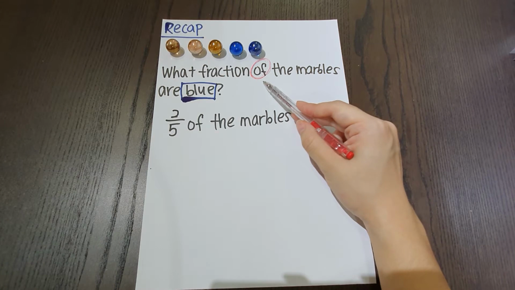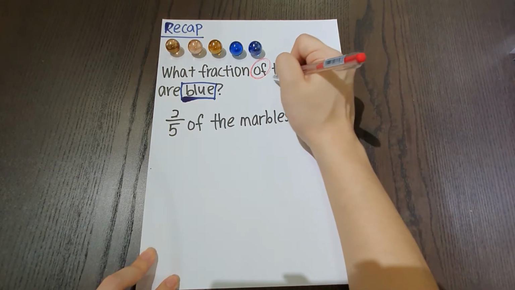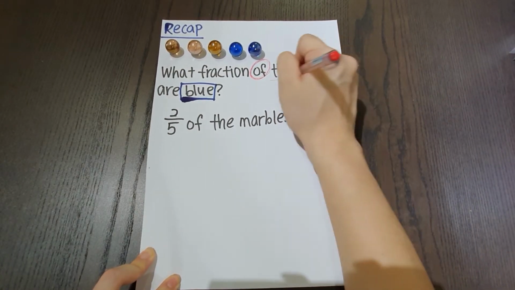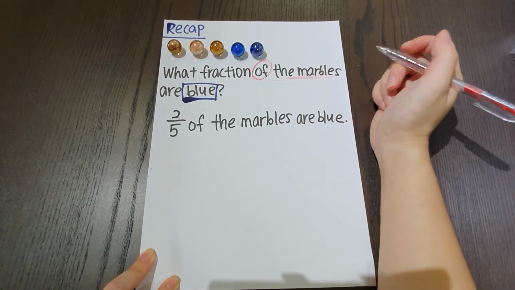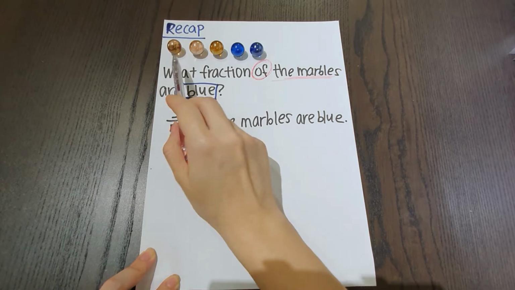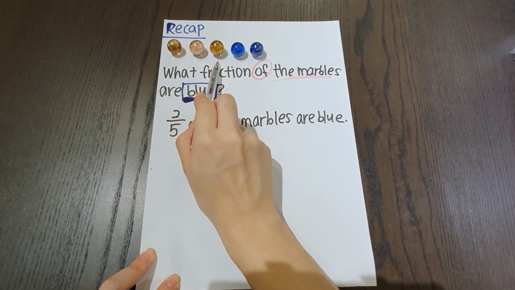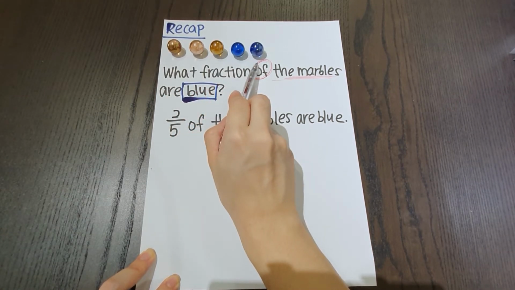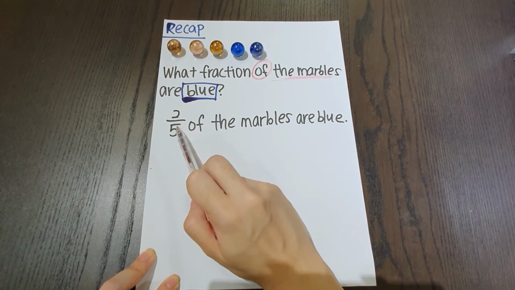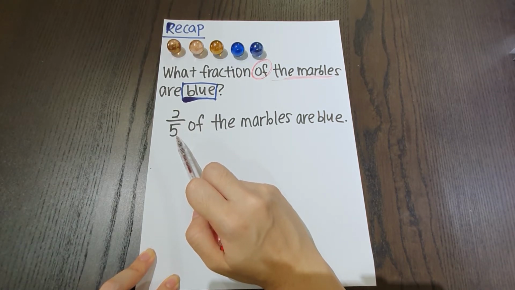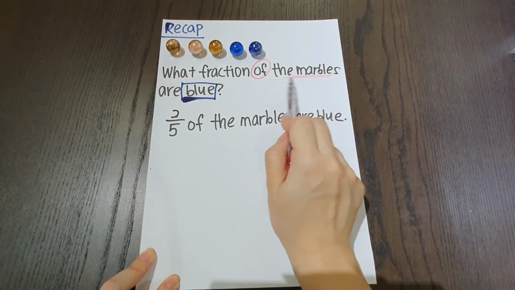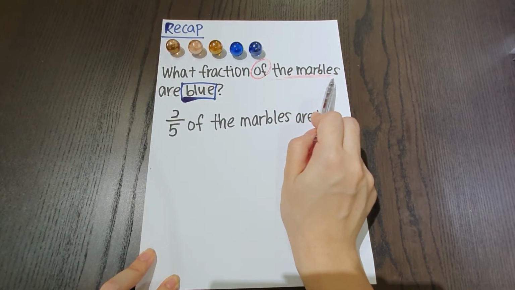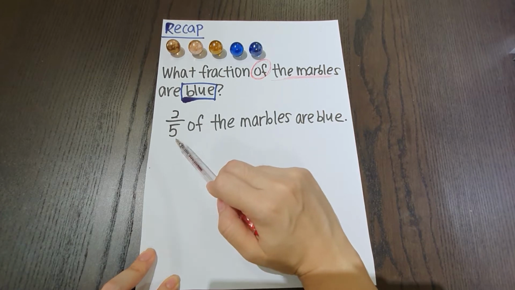After the word "of", the variable appearing is the marbles, which is your total number of marbles, 1, 2, 3, 4, 5. Hence, your denominator here will have to be 5.